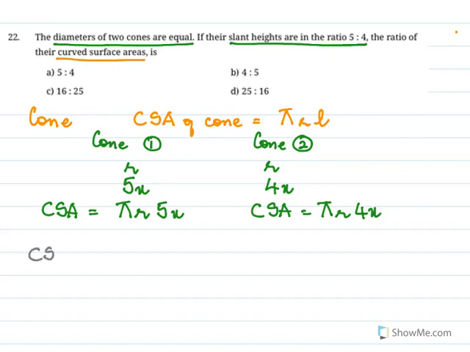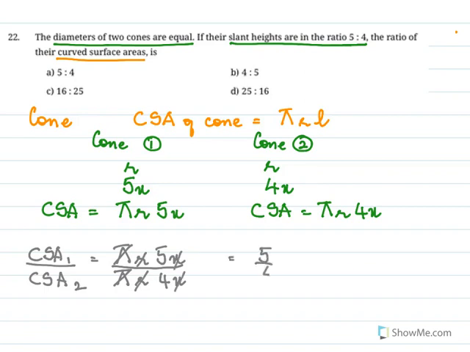So we have CSA 1 over CSA 2, pi R 5x over pi R 4x. The pi cancels, R cancels, x cancels. So it is 5 over 4. So the ratio is 5:4. So the answer is A, 5:4.